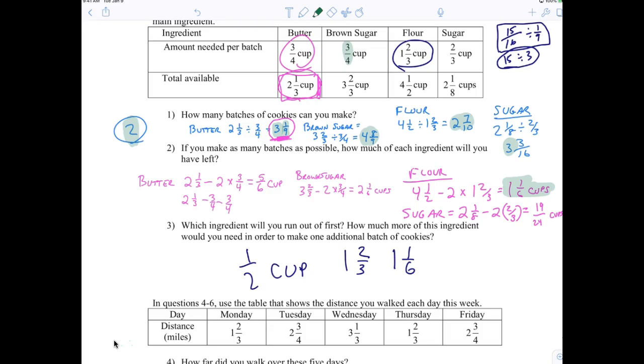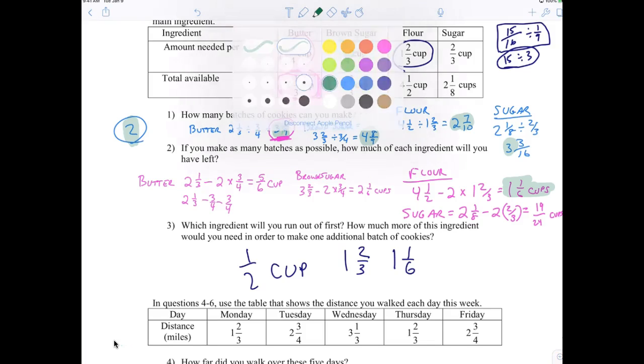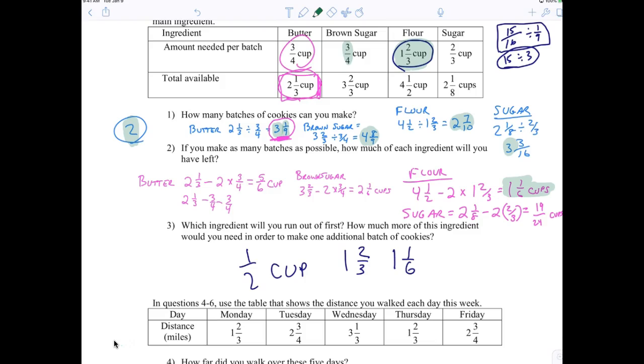If I tell you the answer is 1/2 and you got something different, I am not as interested in how you did it, with what numbers. I'm trying to ask you, how did we get to the 1/2? I'm trying to make sure that you know that it requires this. How much for a batch of flour do I need? I need 1 2/3 cups.